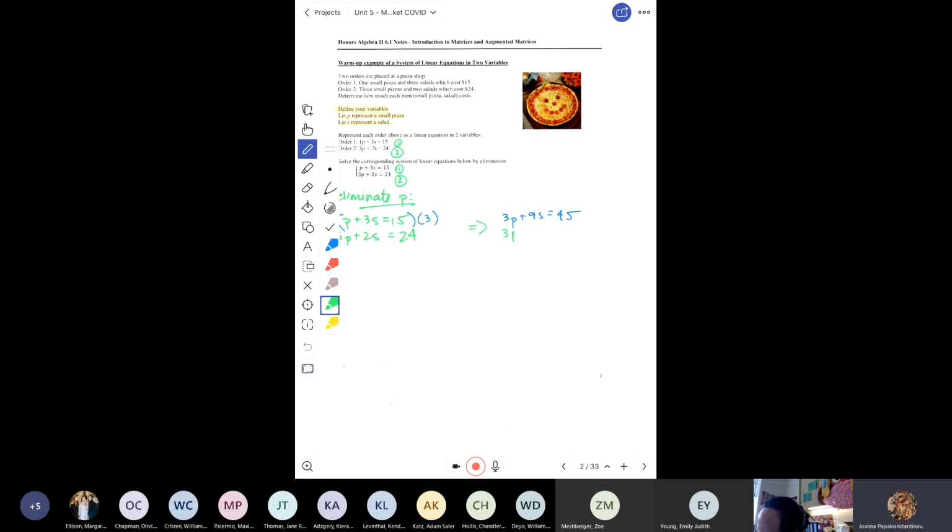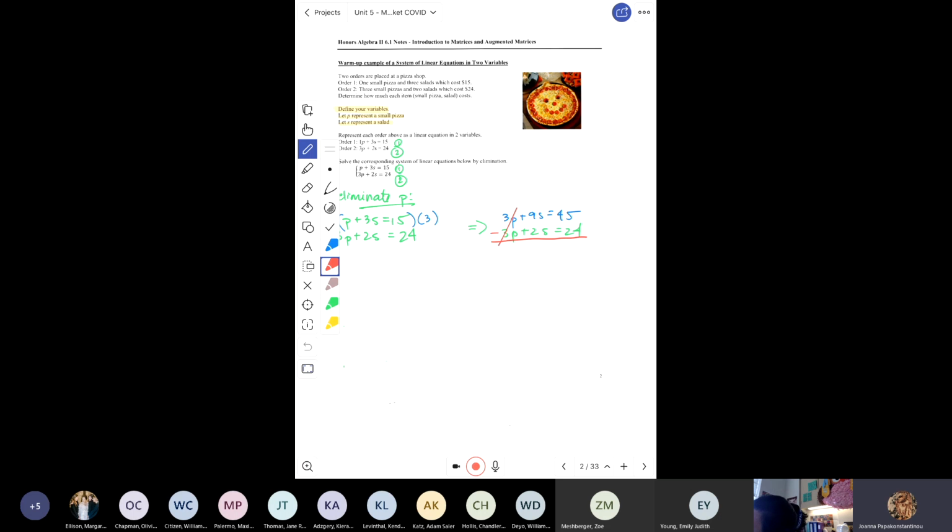Second equation's 3P plus 2S equals 24. Now, I multiplied by 3, but what operation would I have to do to be able to eliminate the P? I'd have to subtract. Now, I could have multiplied by a -3 and added the 2. I'd get the same end result for my values of P and S.